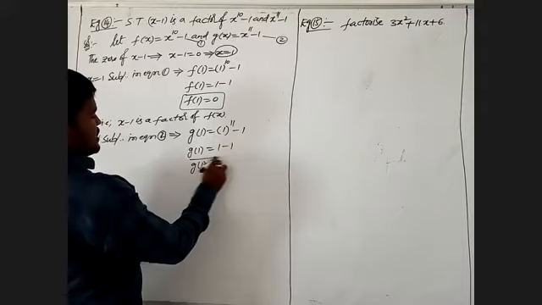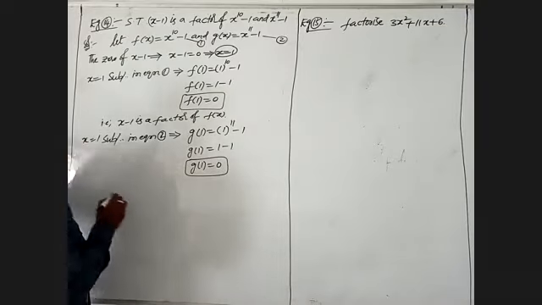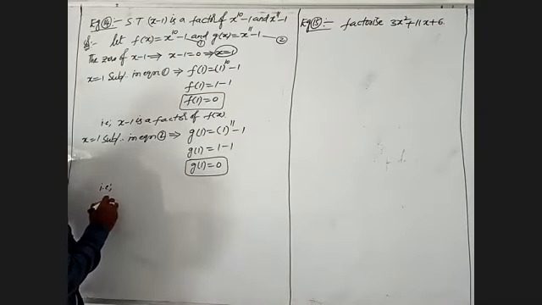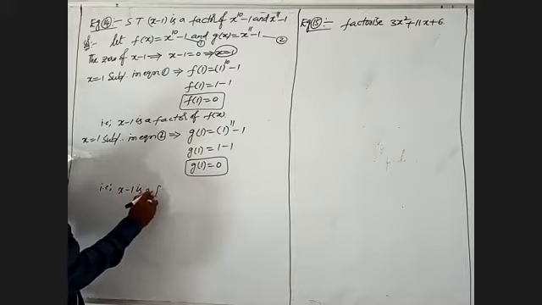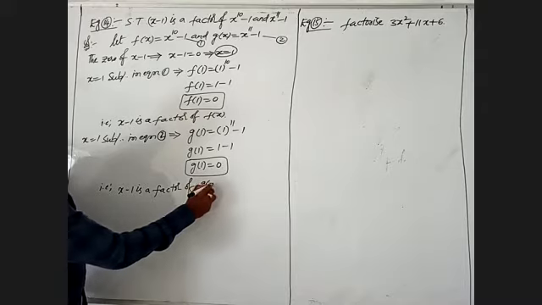Here g of 1 is also 0, which means x minus 1 is a factor of g of x.